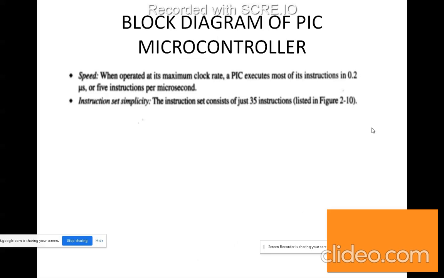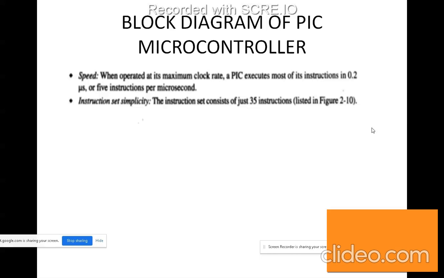Speed and instruction set simplicity are the advantages of the PIC microcontroller. Regarding speed, it can execute an instruction in 0.2 microsecond. That means in 1 microsecond it can execute 5 instructions, and 0.2 microsecond is taken for executing a single instruction.